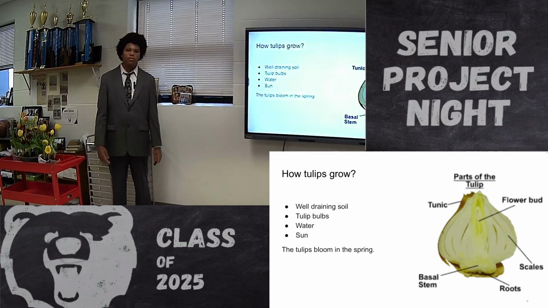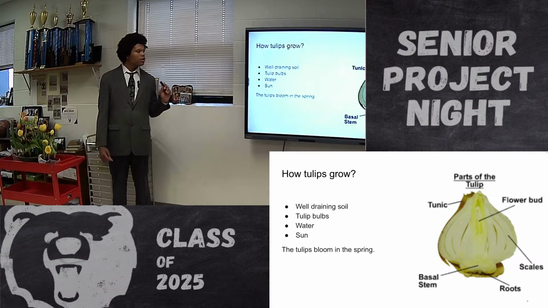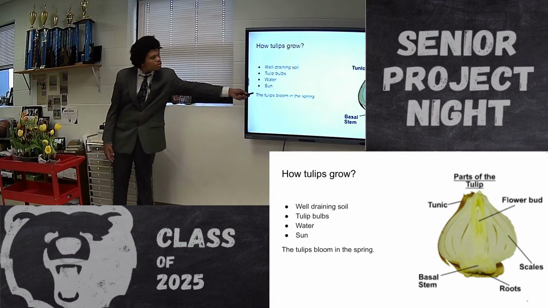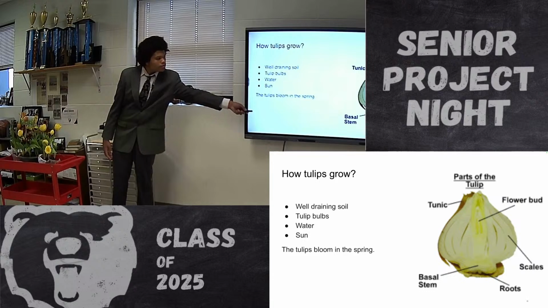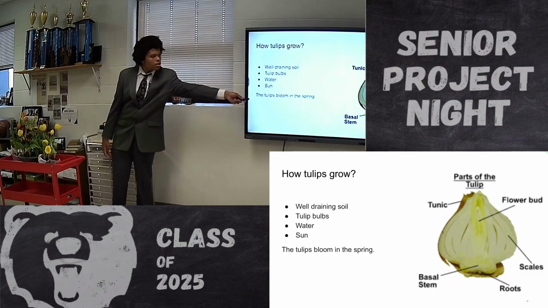How to grow tulips? Well, you need well-drained soil, tulip bulbs, water, and sunlight. And the tulips bloom every spring. This is the tectonic flower bulb right here, and the basal stem and the roots, and the scale right here.